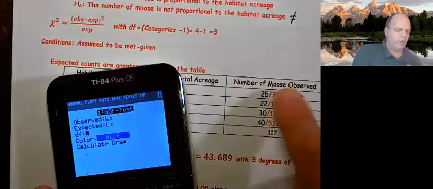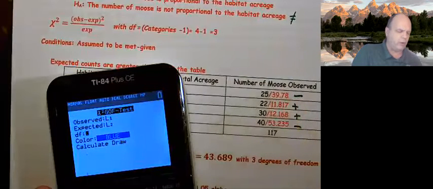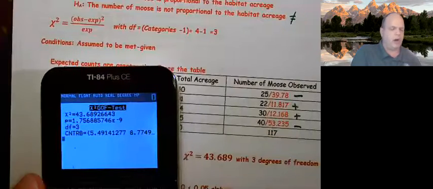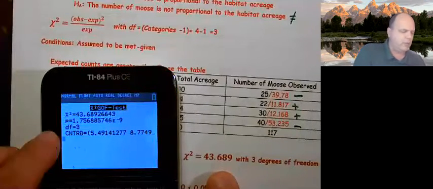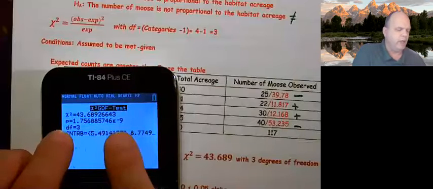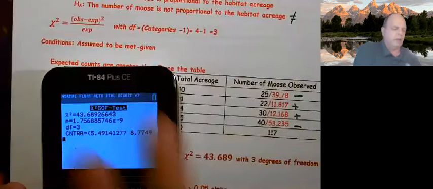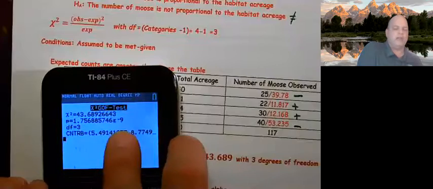My degrees of freedom, 1, 2, 3, 4, 4 minus 1. Calculate, and I end up getting a very large chi-squared of 43. And I end up getting a p-value. Be careful, even though it starts with a 1, it's times 10 to the negative. So this is essentially 0.